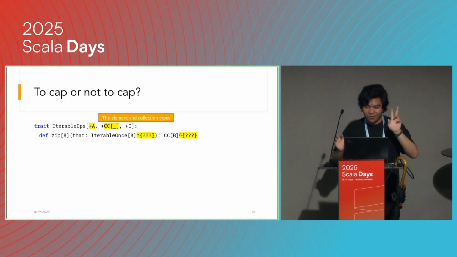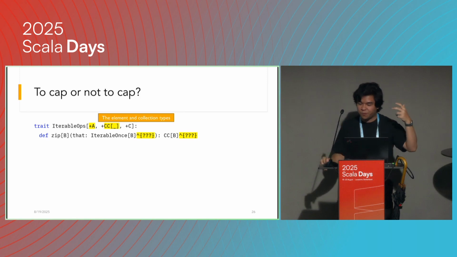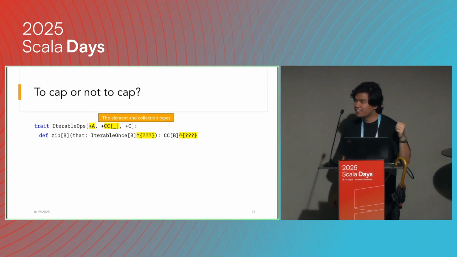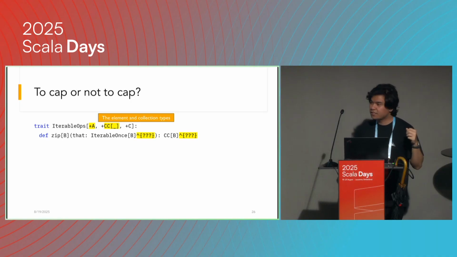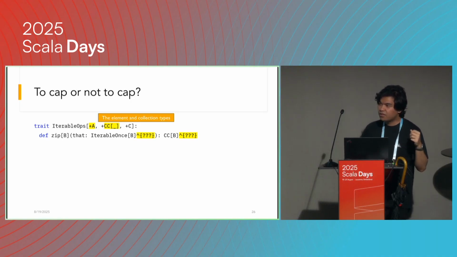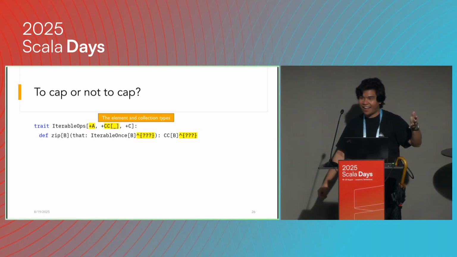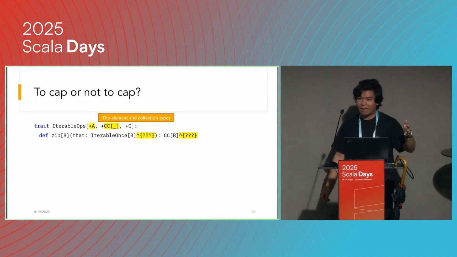There are two parts to the question: what capture set should you put for the parameter, and what capture set should you put for the return. Should that be polymorphic, some C hat in the type parameters? We say some polymorphic capture set. I don't know what it is, just put it in the variable. We agree that it should be capture polymorphic, so we put a hat there.